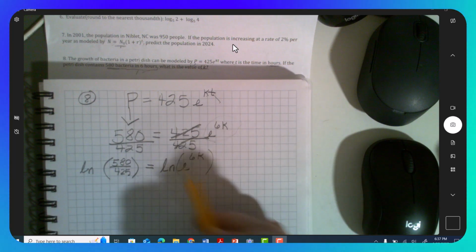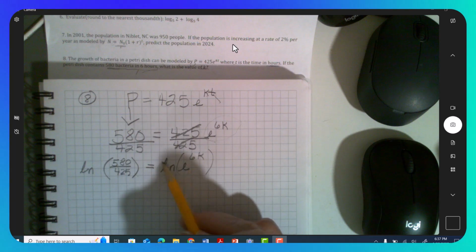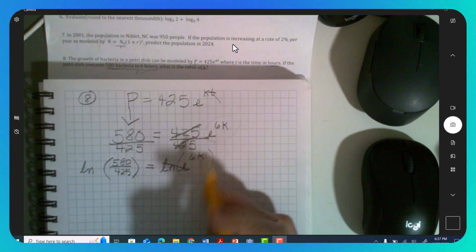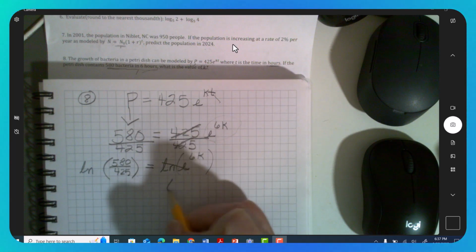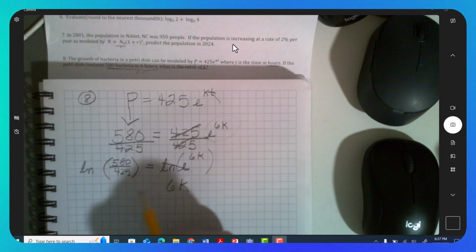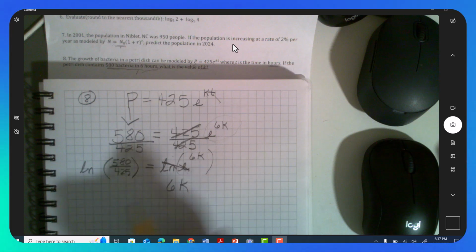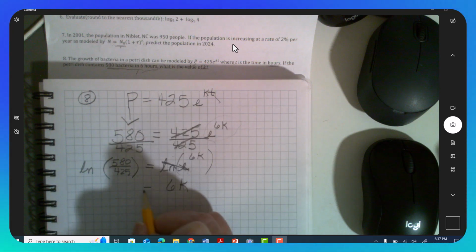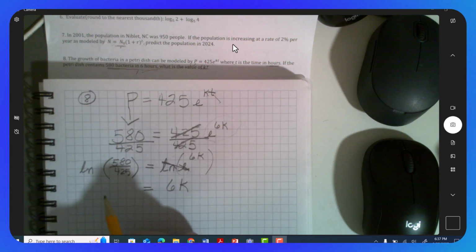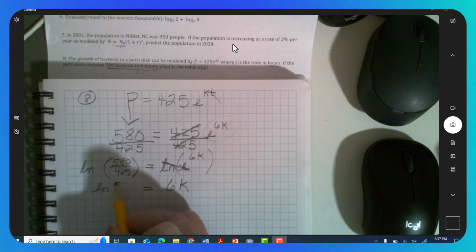Now when I take the natural log of e, this is going to go away. Pull that 6k out. It's going to be left alone by itself. This is going to cancel out the e, natural log of e. All right, on the left-hand side, we have ln of 580 over 425.